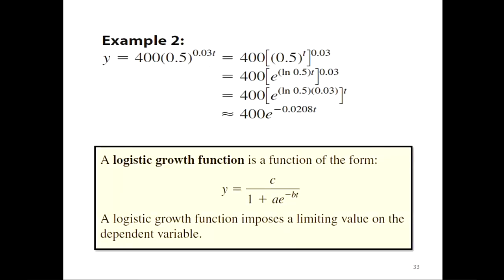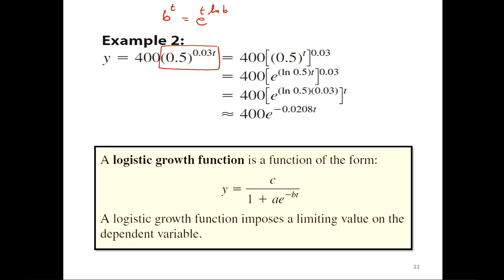Now this is just for conversion. If we need to convert this exponent to base e, we know that b to the power t equals e to the power t multiplied by ln b.